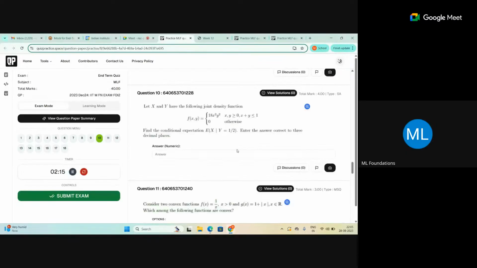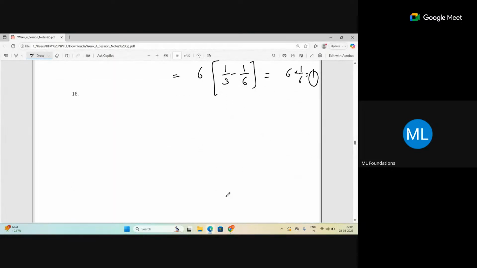Okay, so the next question is, I wanted to find out the conditional expectation of x given y equal to half. So first of all, try to find out what is the distribution of x given y equal to half, right? And that is nothing but what?